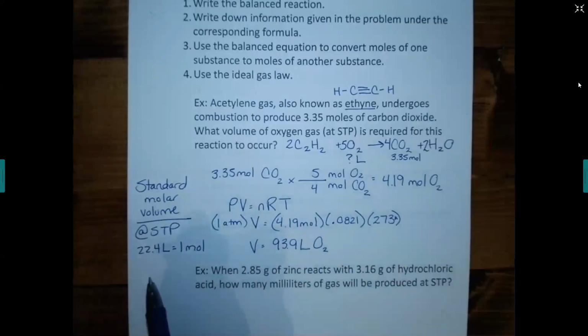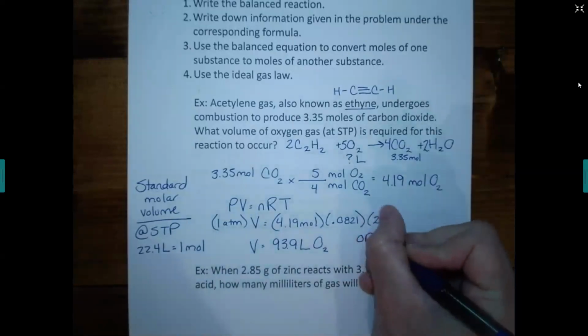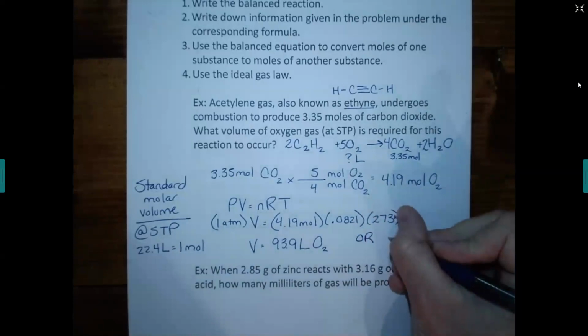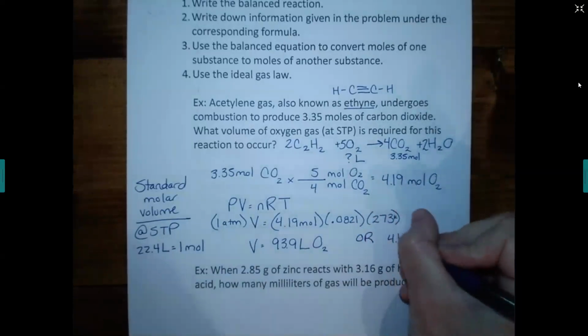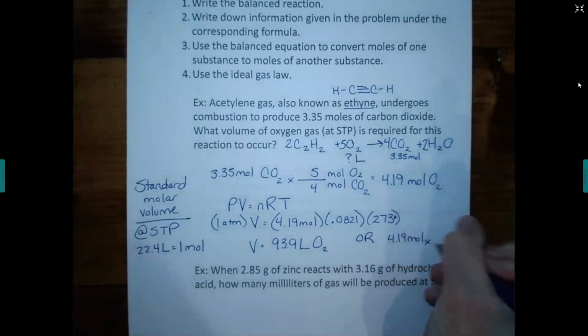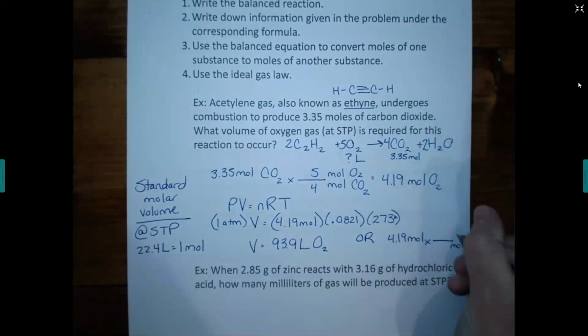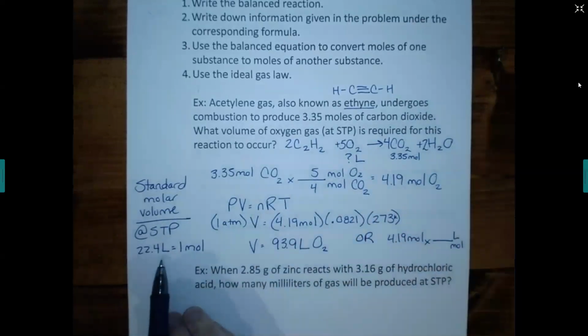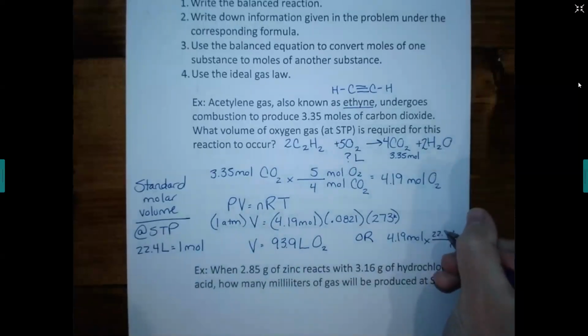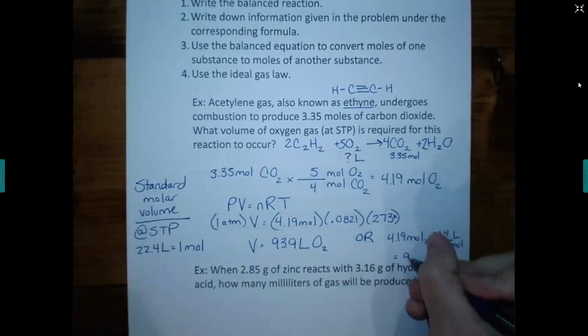So to save you some time, if you ever have a problem where you need to use ideal gas law and the conditions are at STP, you could just take your number in moles, 4.19 moles, move moles to the bottom, liters on top, and use the standard molar volume. So I put 22.4 on top and 1 on the bottom, multiply those together, and you still get 93.9.